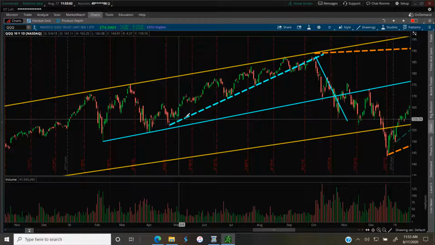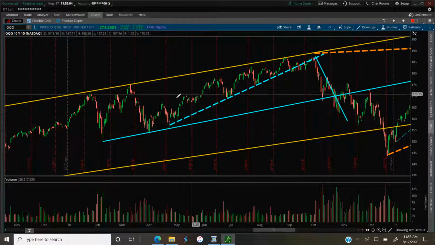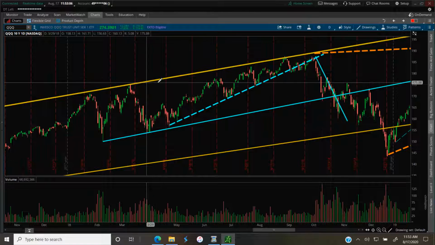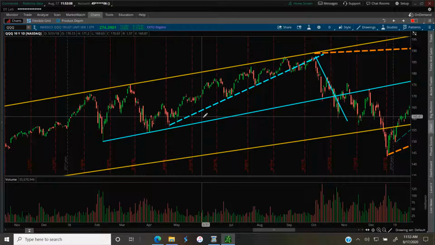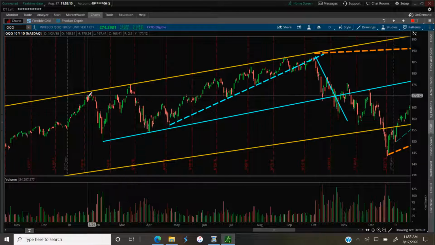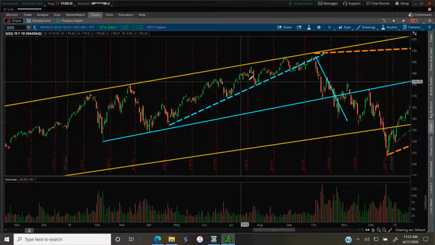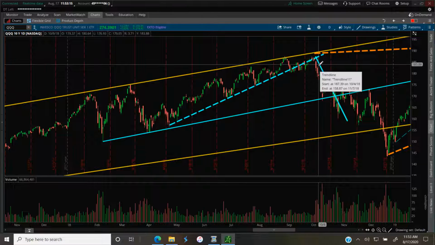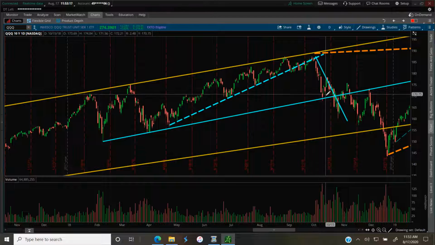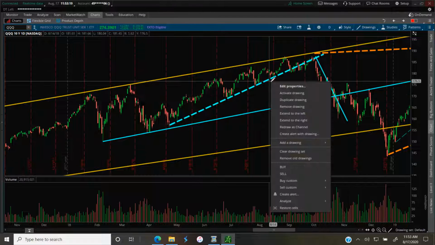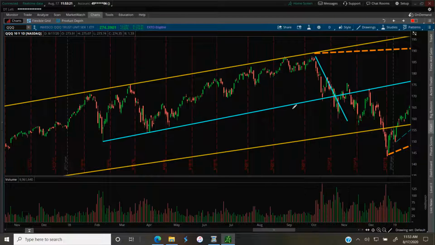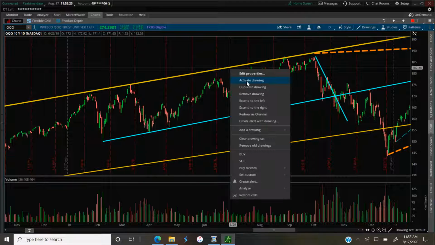It's a rising wedge. We got resistance and support. Notice how price stays within. Eventually it broke and then we fell. Now I can take this off and I'll make this blue just for the visual.